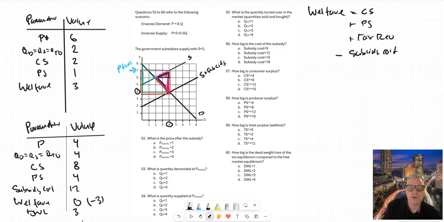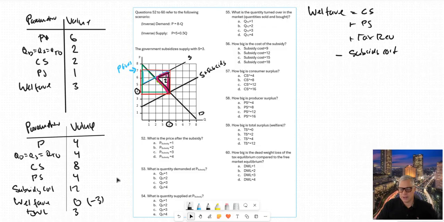And then we have a lower triangle where the height is 2 and the base is 2, 2 times 2 is 4, over 2 is 2, so 2 plus 1 is 3. Okay, so a subsidy, as opposed to a tax, creates a deadweight loss from the inefficient overproduction relative to the social optimum, the most efficient point, which is where demand equals supply, at the price of 6 and a quantity of 2.